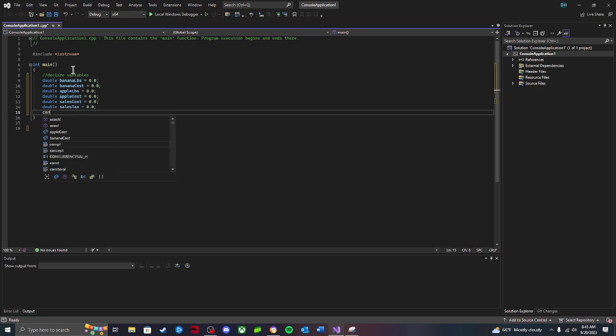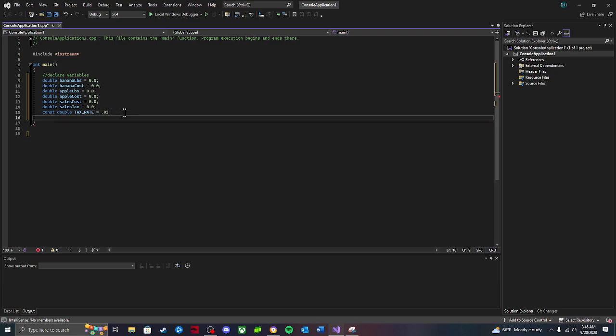And then you're going to have a constant, which is your tax rate, that's never going to change, equals 0.03. There's a 3% sales tax, so we know what the tax rate is. That's going to stay the same. We can't change that throughout the algorithm. And don't forget to put the semicolon at the end.